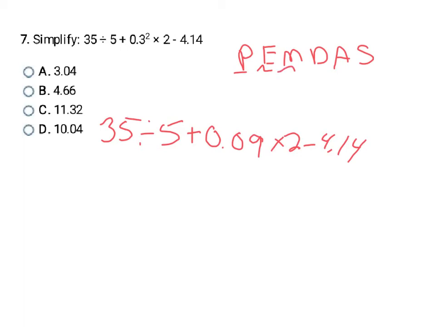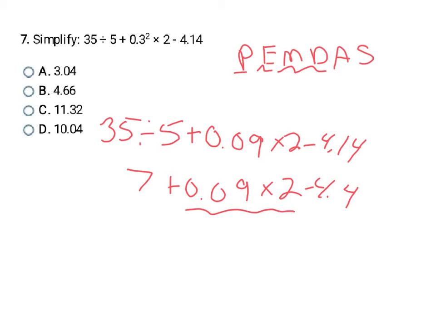So now I'm going to look at multiplication and division left to right. Well, the first multiplication or division I hit is 35 divided by 5, which is 7. So everything else stays the same. And then we're going to do multiplication now, because that's what's next.